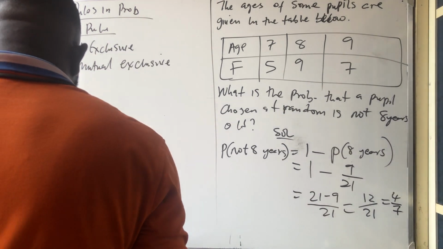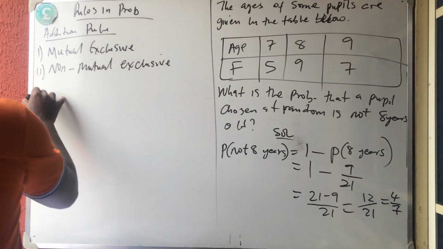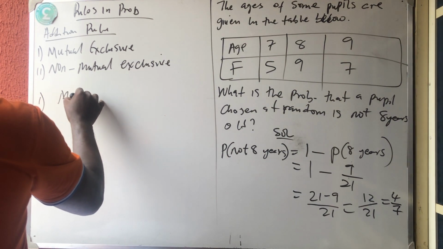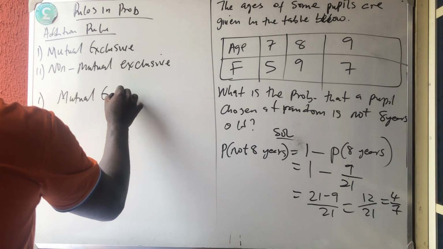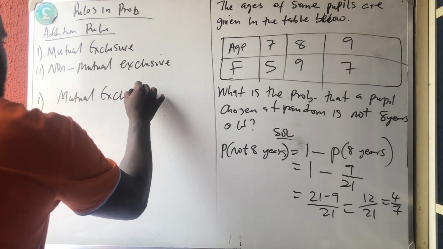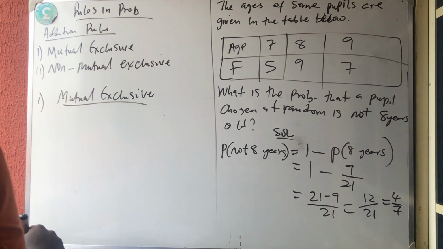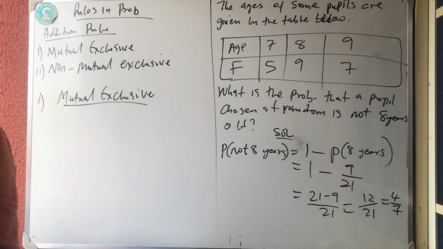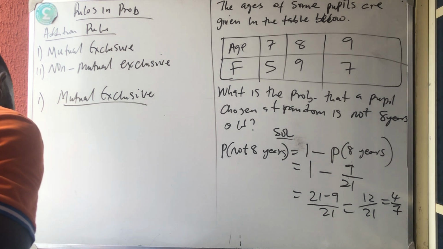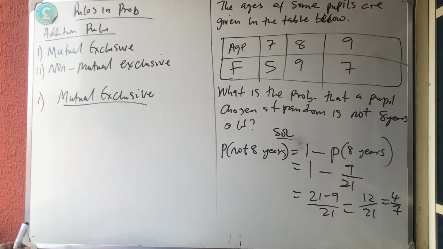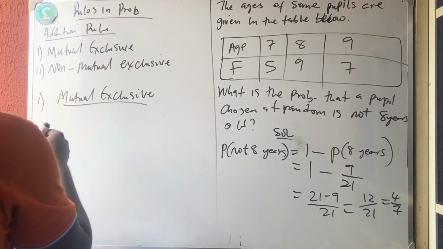So let's talk about the first one, the mutual exclusive. Okay, two events A and B are mutual exclusive if the occurrence of any one of them excludes the other. Let me write it down.